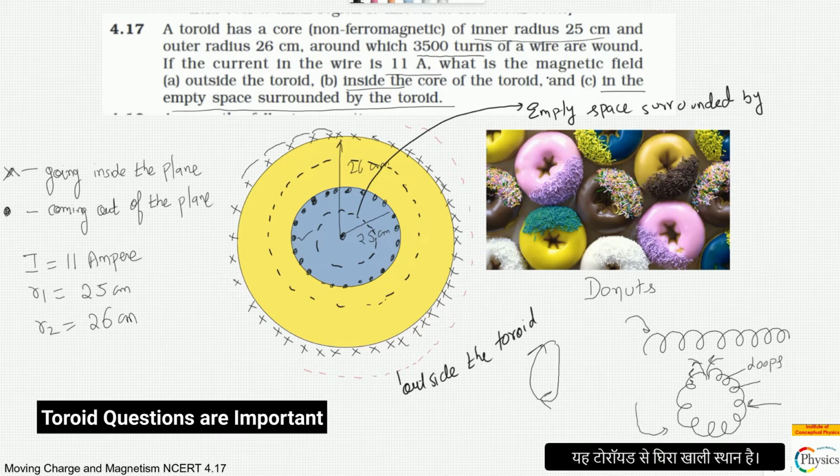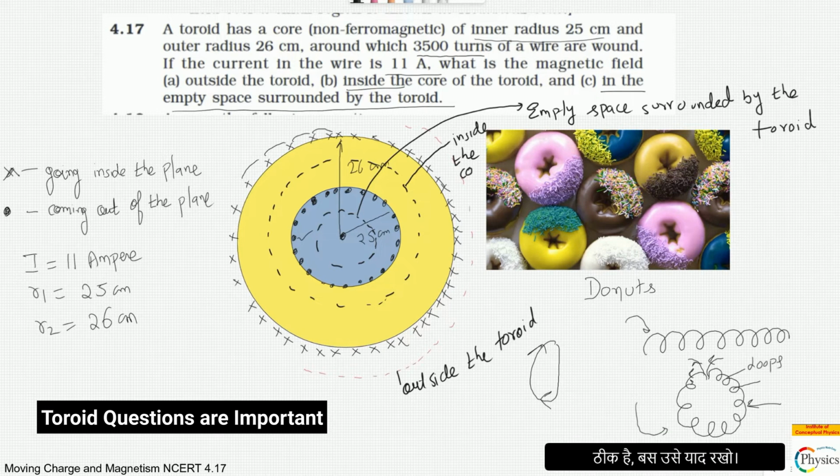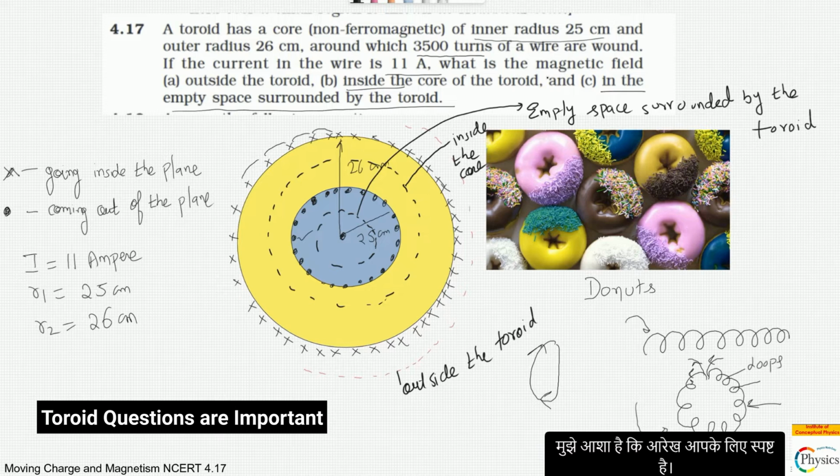And then of course, when they say inside the core, this is inside the core. So you must be able to mark the areas first. Just remember that. I hope the diagram is clear to you.